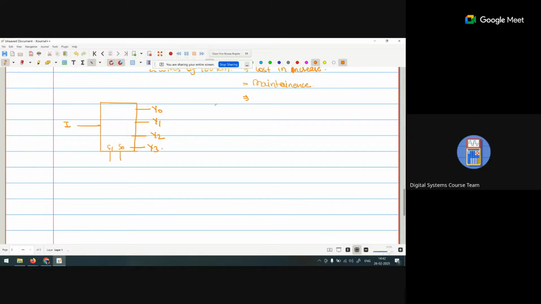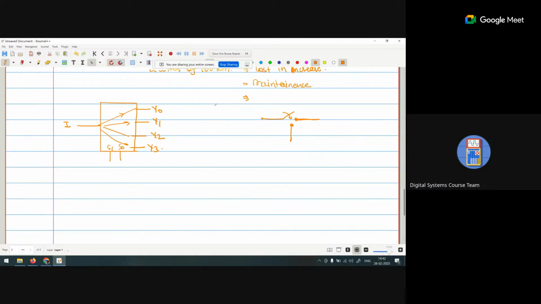On the basis of the select lines, we get which output this particular input line will be connected to. In ESTCA and EEC, you just remember that this is the switch. The switch is connected to this part, or to this part.